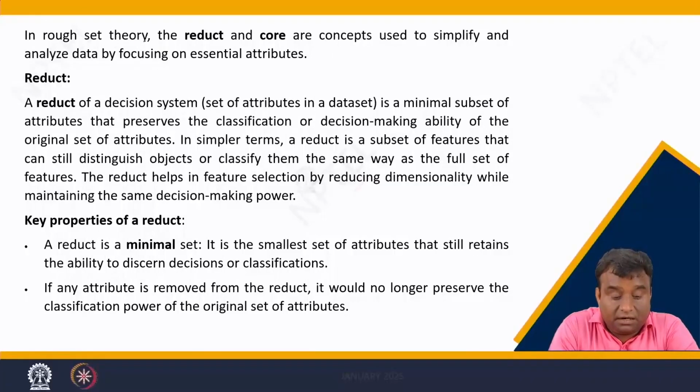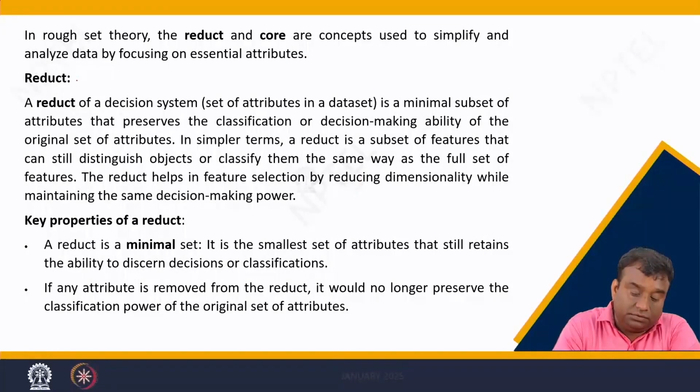So in rough set theory, the reduct and core are concepts used to simplify and analyze data by focusing on essential attributes. Reduct: a reduct of a decision system, that is a set of attributes in a data set, is a minimal subset of attributes that preserves the classification or decision making ability of the original set of attributes.